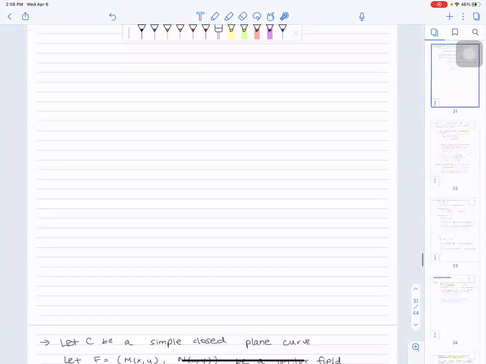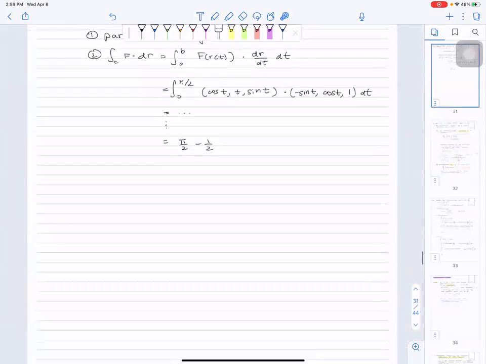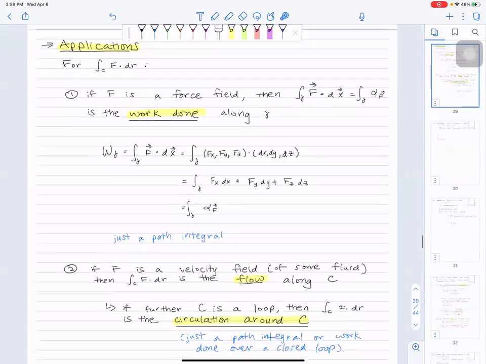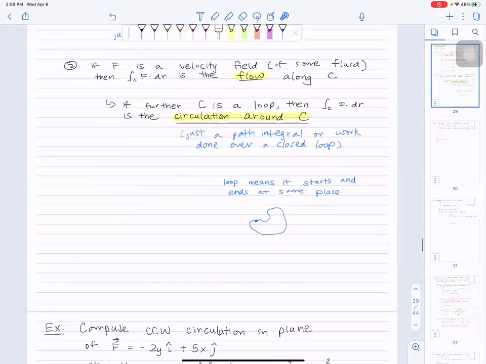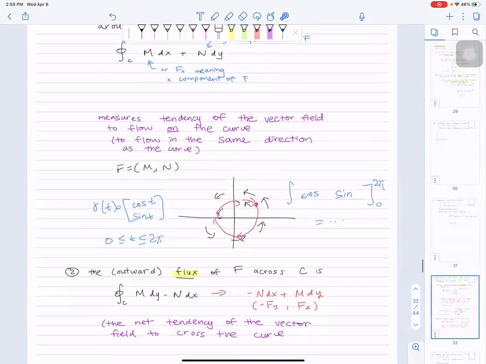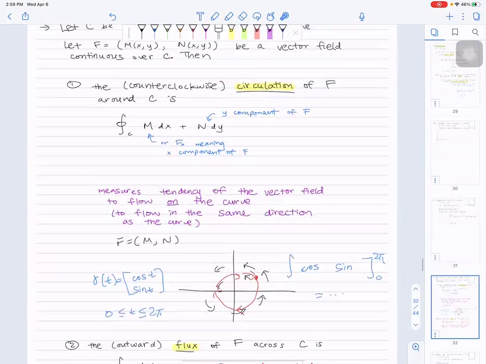So it's the same as a normal path integral, the integral of the one form. So the only thing that changes is the path that you're parameterizing. With flux, it goes the other way around. Yep. So for work and circulation, you're just doing the path integral itself.